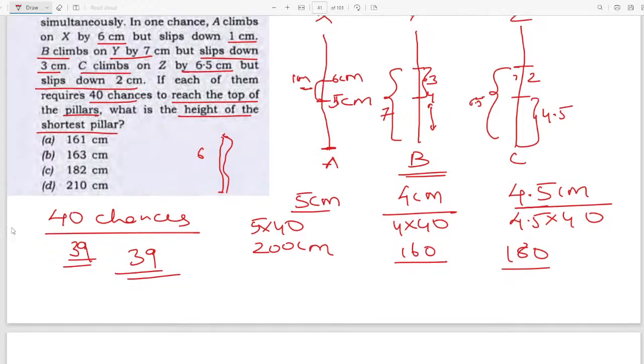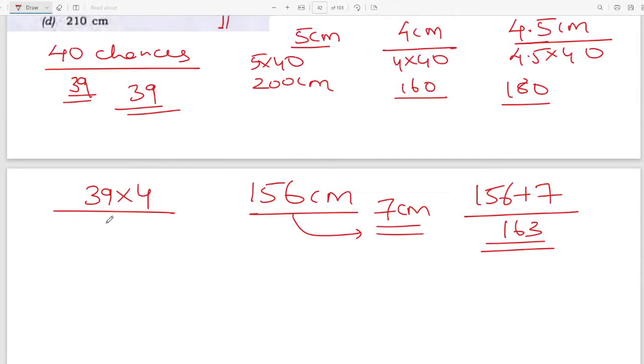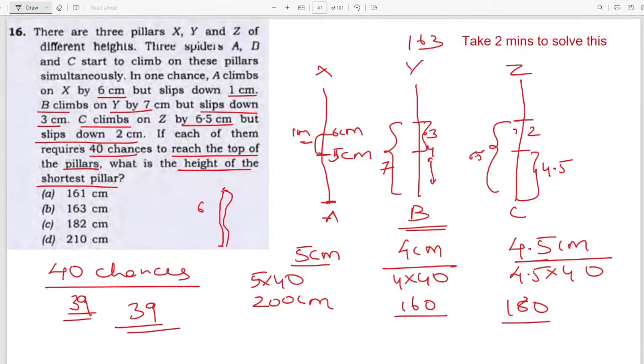Because once it has reached the top, they're saying that at the 40th chance it is reaching the top. Then even if it comes back, in this case Y comes back by 3 centimeters, it has already reached the top.